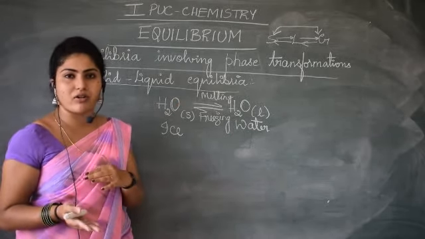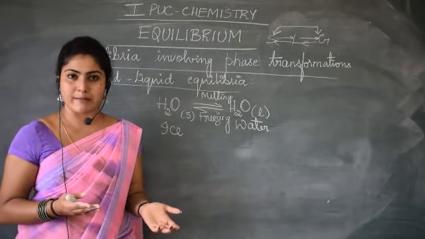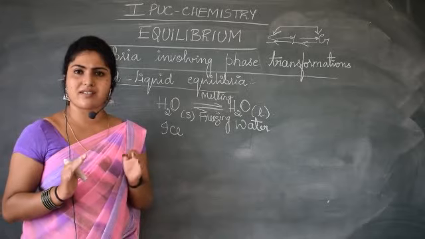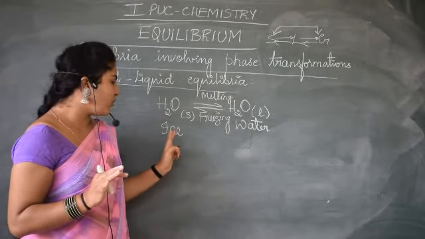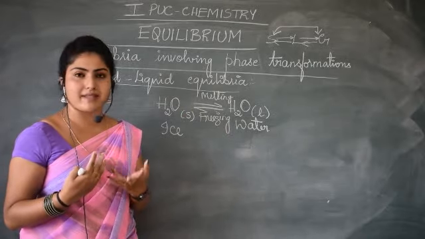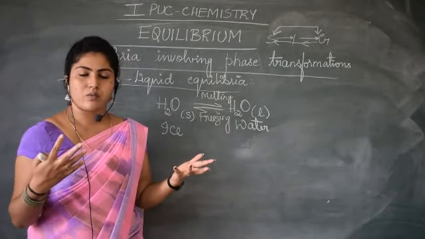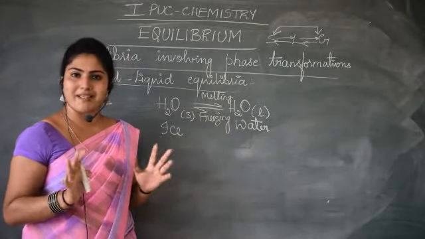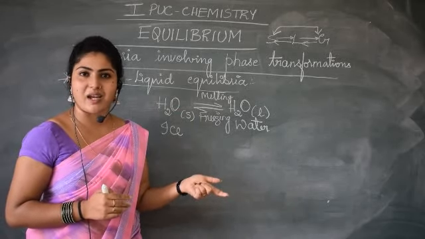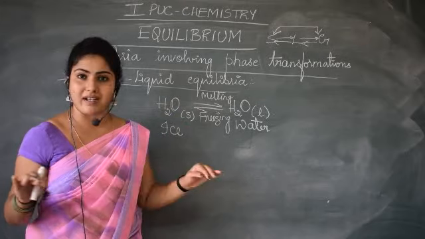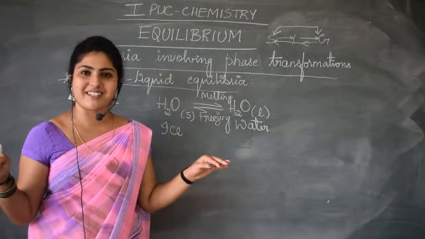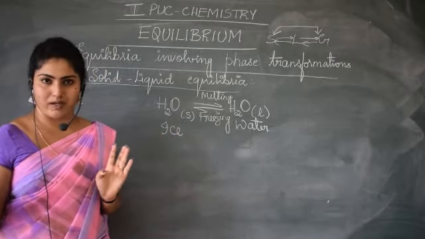That means freezing also takes place, melting also takes place. So when we just observe, you can feel that the reaction has stopped. You see that only ice is getting converted into water or water getting converted into ice. In general, you cannot make out whether there is transformation taking place or not. But in actual, what is happening? Both the reactions are taking place, but at equal rate. That stage where equal transformation is taking place, you call that equilibrium.